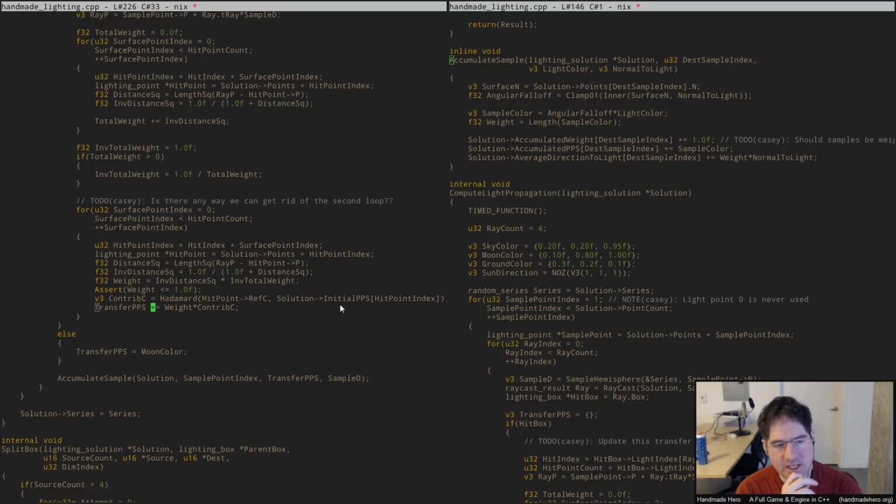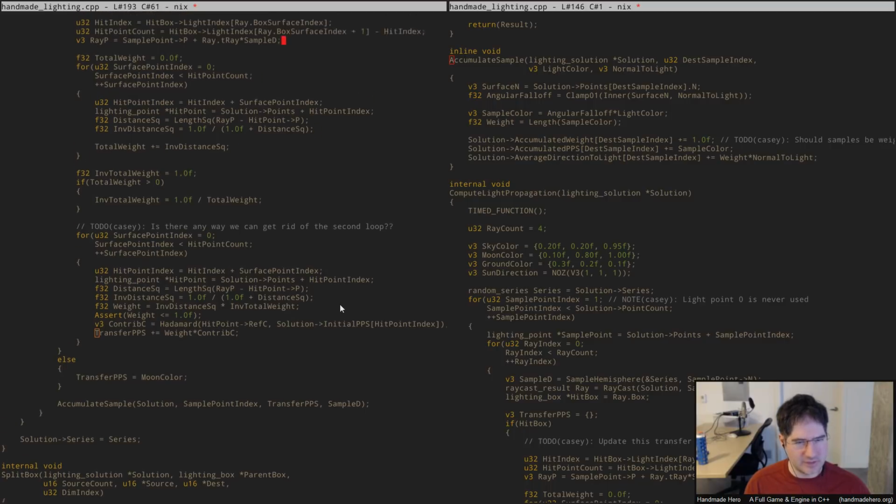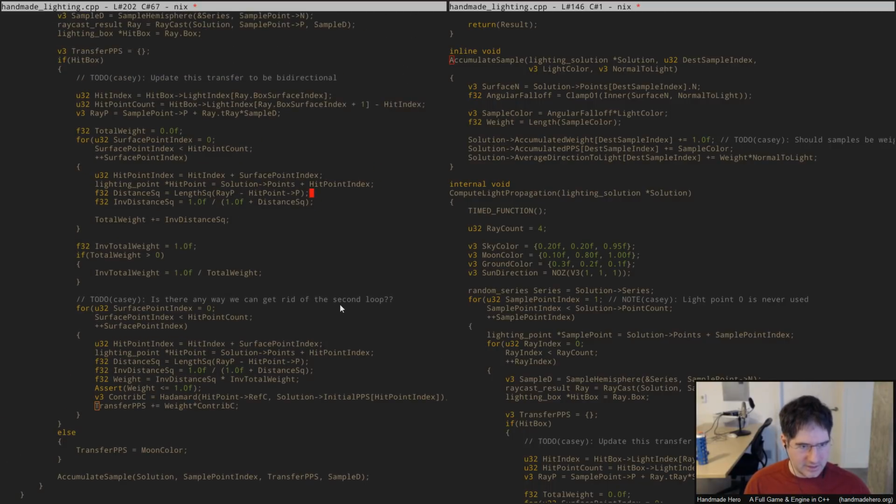Now the other thing we can do here, actually, I guess now that I think about it, I'm looking at this to-do that says, is there any way we can get rid of the second loop? And the answer is, isn't there? It seems like there is. Because if we look at what's happening here, we're summing up a total weight value.